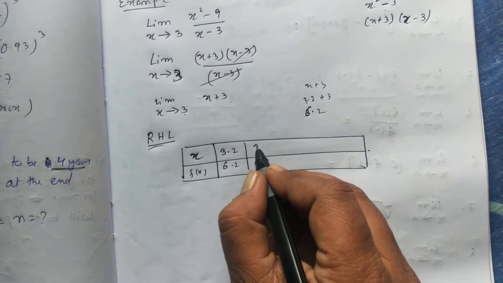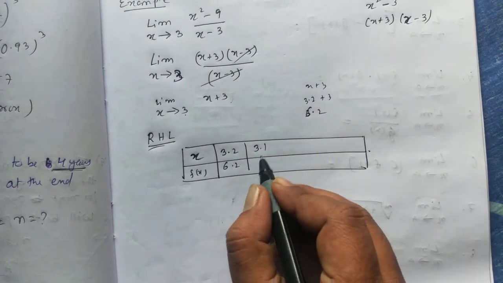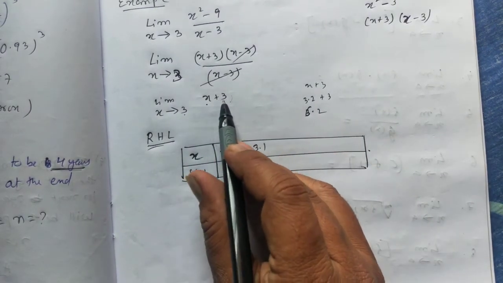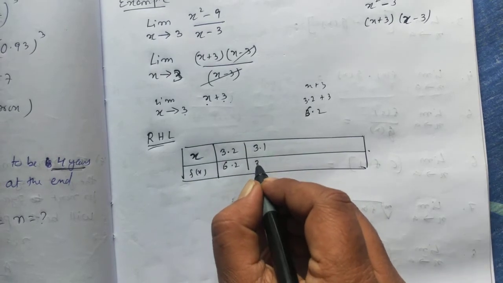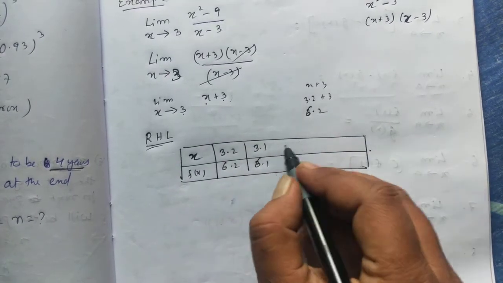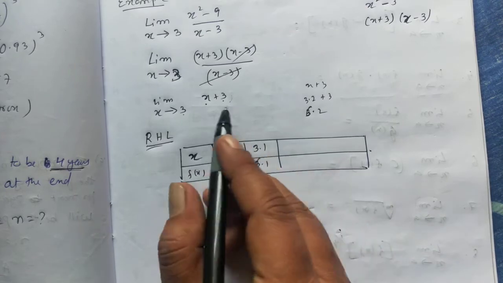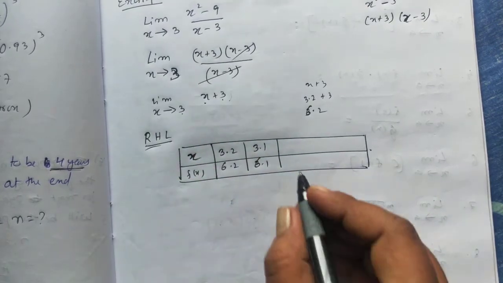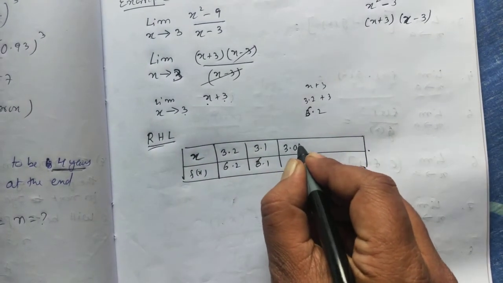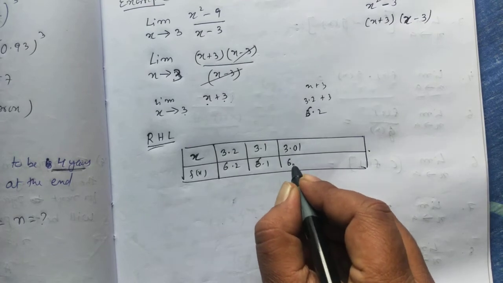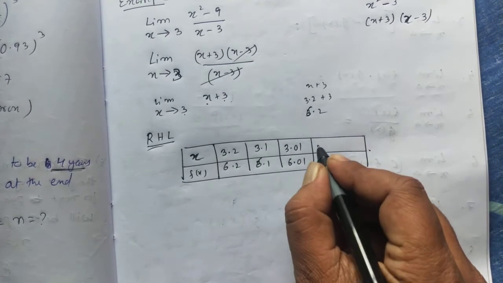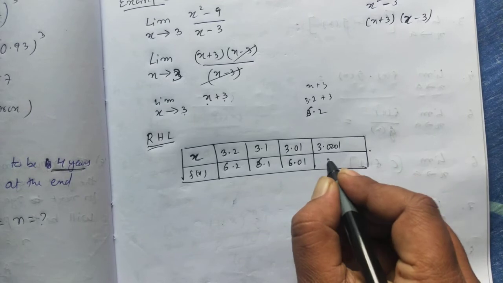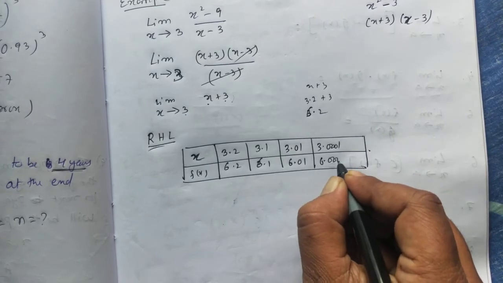If I take x as 3.1, 3.1 plus 3 will become 6.1. If I take not exactly 3 but nearer to 3, I can take 3.01 and I'll get 6.01. If I take 3.0001, I'll get 6.0001.